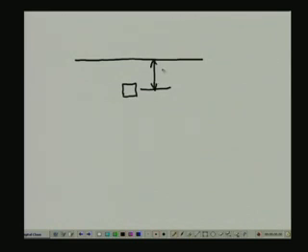Now let's say we have got an element at some depth below the ground, and the depth in this case is Z, and let's consider the soil to be homogeneous, the total unit weight of the soil is gamma, and let's say originally the water table, the groundwater table, was at surface, and after a while the water table has gone down to great depth.